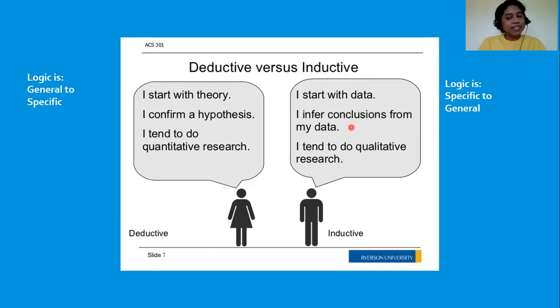So, looking at the same example with our trees, the mango tree in my yard is a tree. The mango tree has leaves. Therefore, all trees must have leaves. That is an example of inductive reasoning.